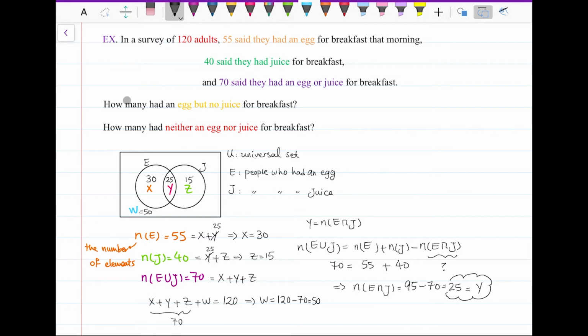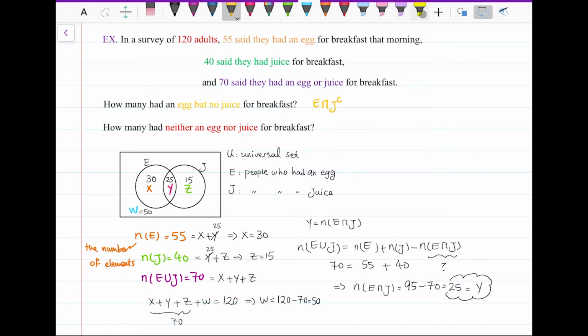Okay, now that I got all these numbers, go back to the question. How many had an egg but no juice? If I want to interpret this one, what should I write? They had an egg, so E, but no juice. 'But' means 'and', which means intersection. They had no juice. Let's see where this set is.